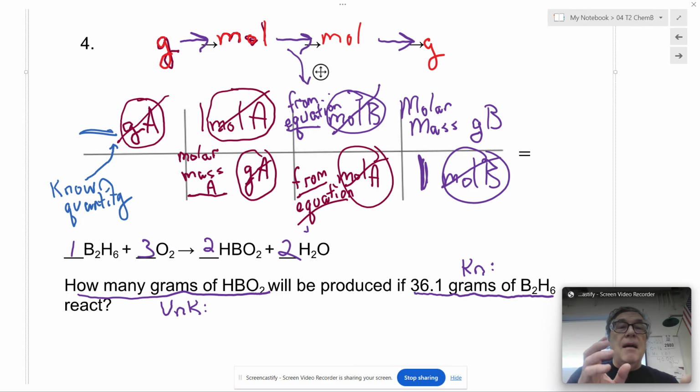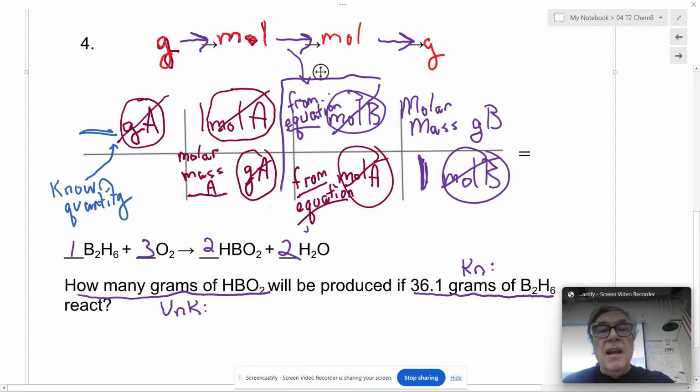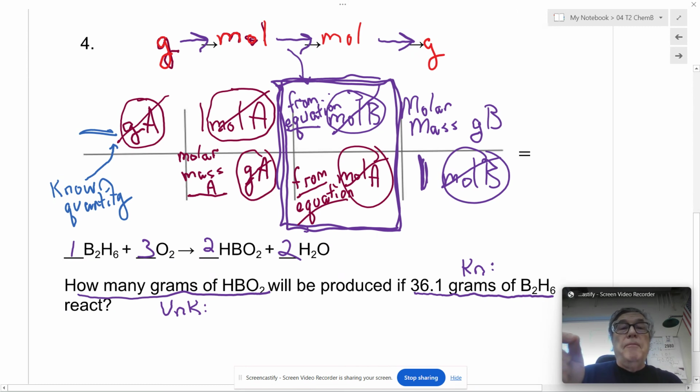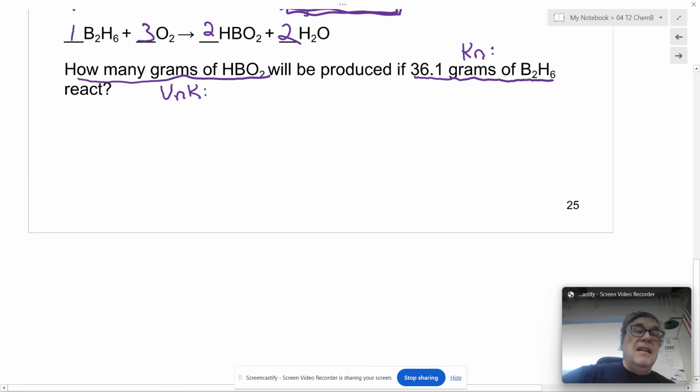In this example, it's chemical A. And then we'll use the mole ratio, that's this part right here, the mole ratio from the balanced chemical equation that has moles of B for moles of A. That's what makes the conversion from one thing in the reaction to another. So let's just go through this example.